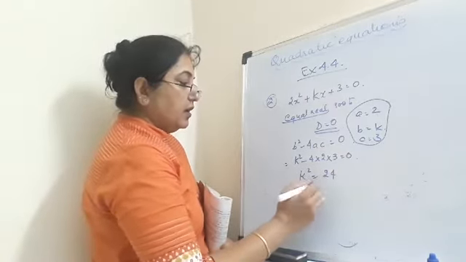Now when you find the square root, we know that this forms a pair, and therefore I will write k is equal to root of 2 into 2 into 3 into 2, and therefore the answer will be 2 root 6 as the value of k.